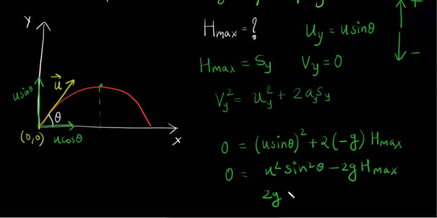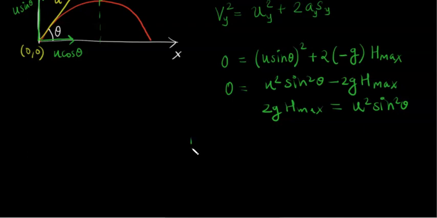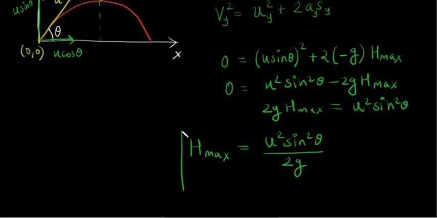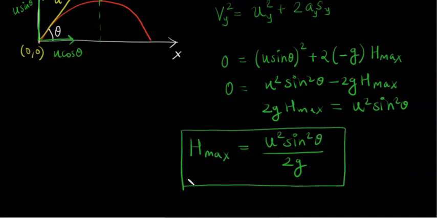So 2g times h max becomes u square sine square theta. So what will we have for h max? H max will become u square sine square theta divided by 2g. This will be our maximum height. So this is the maximum height reached by the projectile.